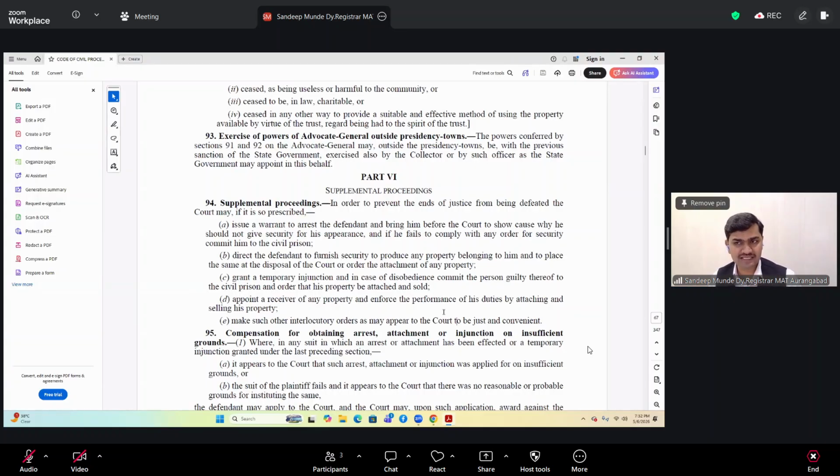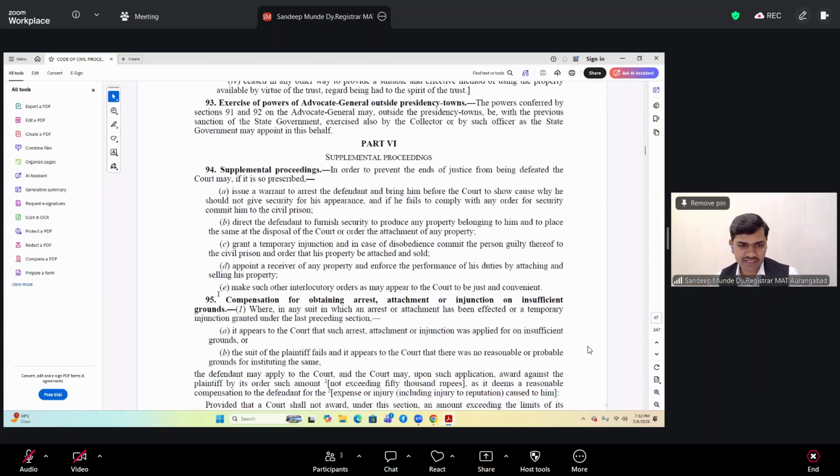Whatever the provisions are there under Orders 38, 39, and 40, dealing with arrest before judgment and attachment before judgment, temporary injunction and interlocutory orders, or the appointment of the receiver, are covered under Section 94. Or E. Make such other interlocutory orders as may appear to the court to be just and convenient.